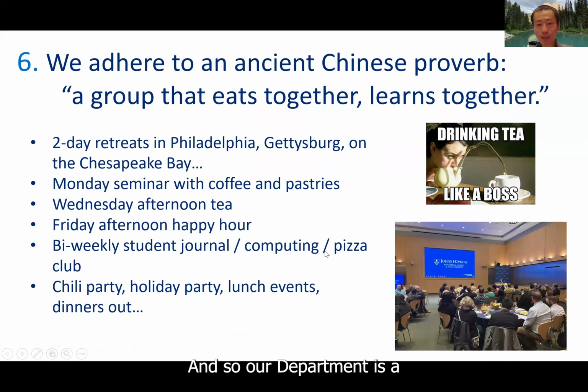And so our department is a close-knit community. We have a lot of fun activities. We have parties together. We have lunch together, meals together. And in this photo, you can see we have a whole departmental meeting where people are eating together while discussing important stuff. Right? And then we also have a tea time every Wednesday afternoon.